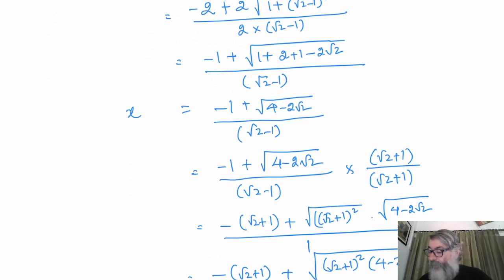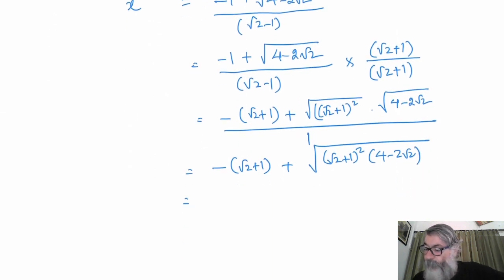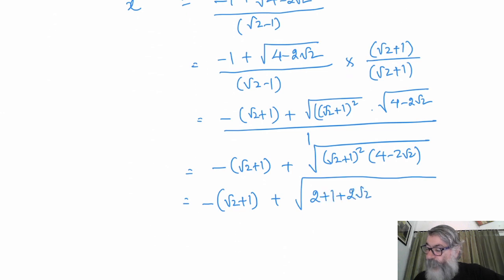How will I simplify it further? Just see it. Minus root 2 plus 1 plus, root 2 plus 1 whole square will be what? Root 2 whole square is 2, plus 1 square, plus 2 root 2. And this is 4 minus 2 root 2.